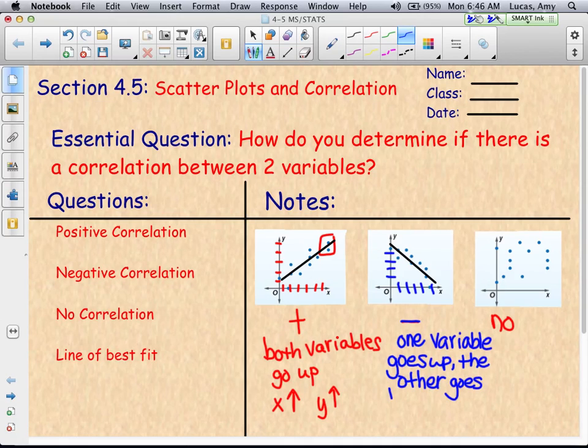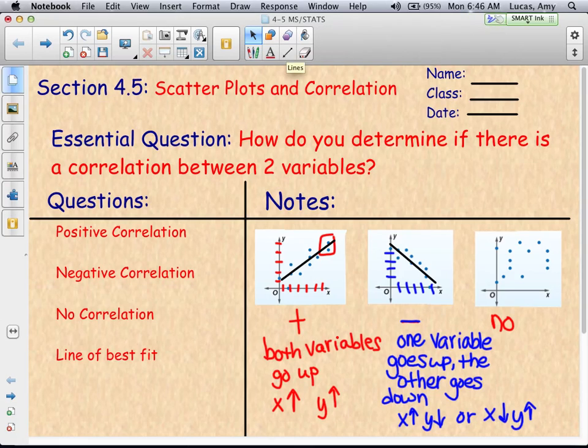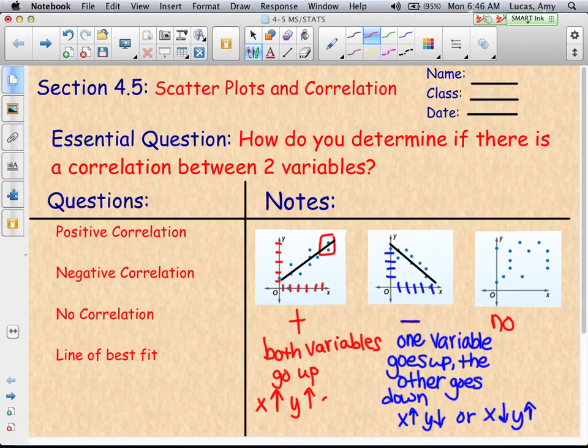So it's not the same thing happening. If x goes up, y goes down, or if x goes down, y goes up. I can add that over here. And I can say, or as x goes down, y goes down.